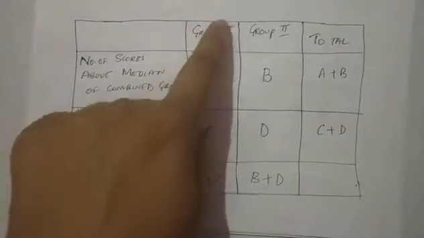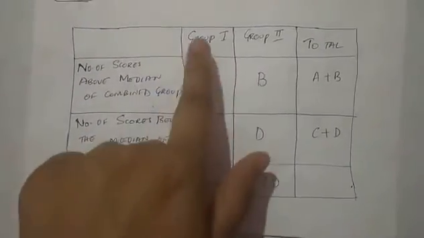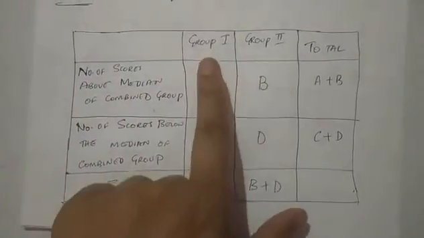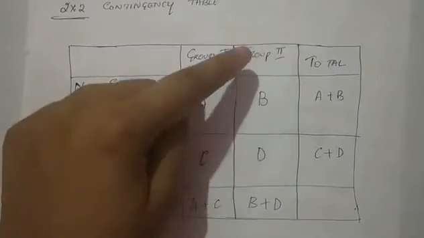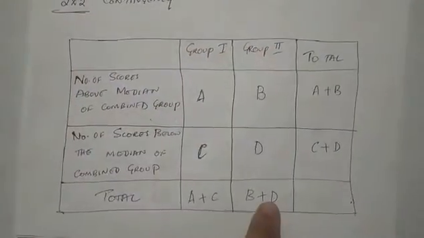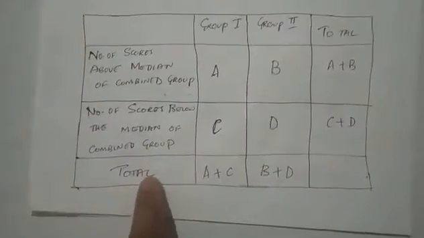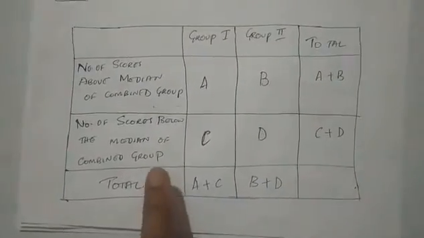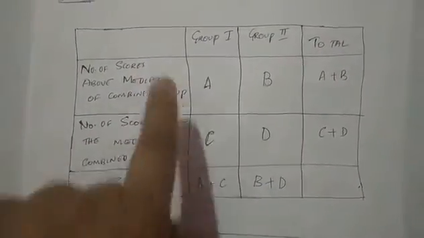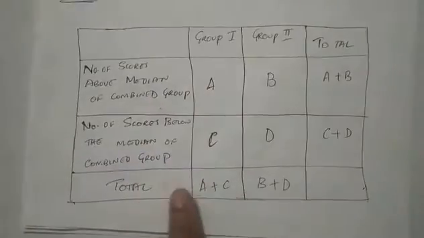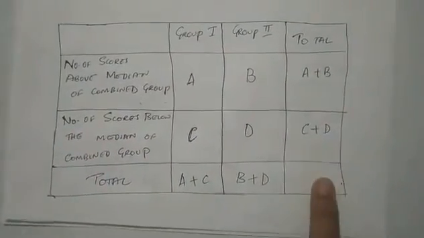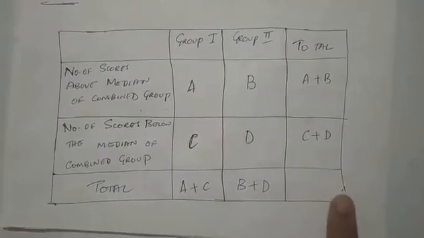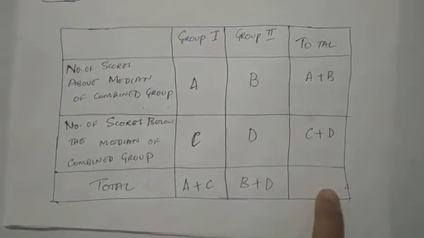Anything that is related to group 1 is written under this column alone, and anything related to group 2 is listed under this column. The totals are obtained by adding horizontally and vertically, and the empty space here will give you the n, the total number of scores.